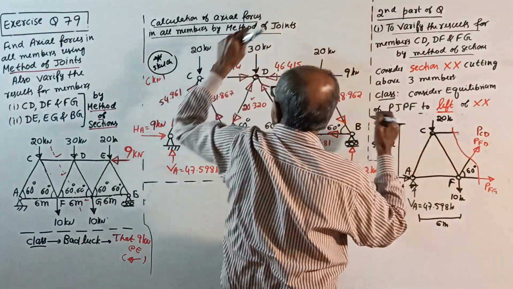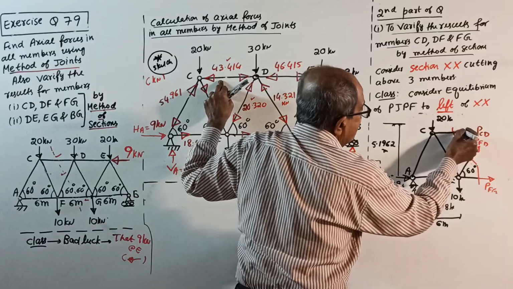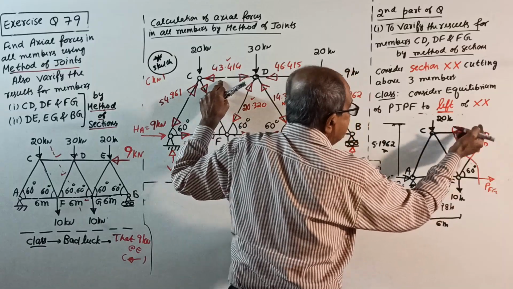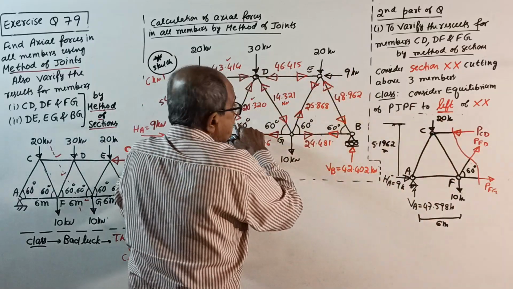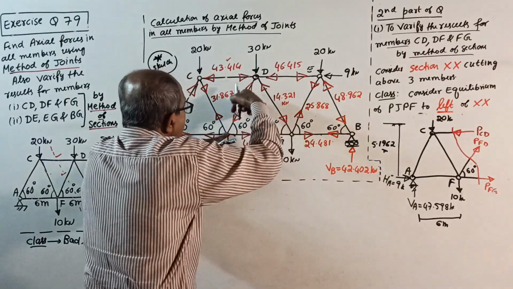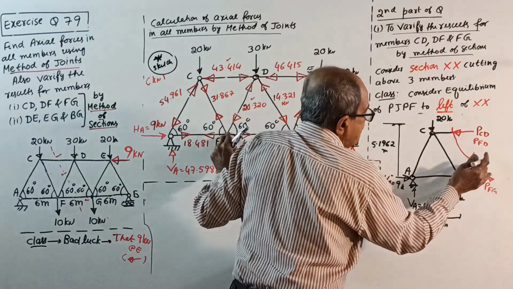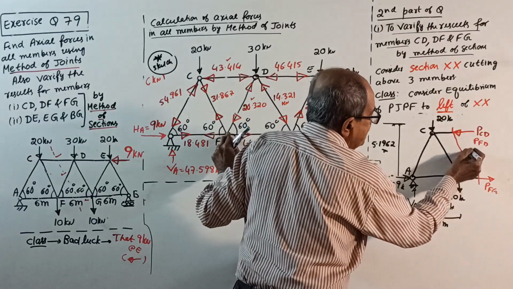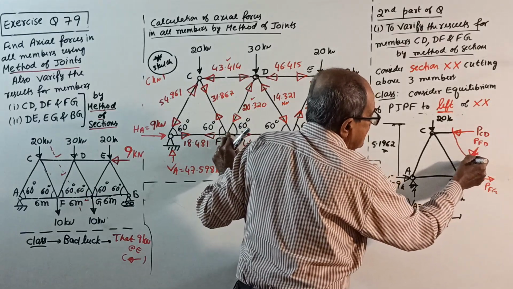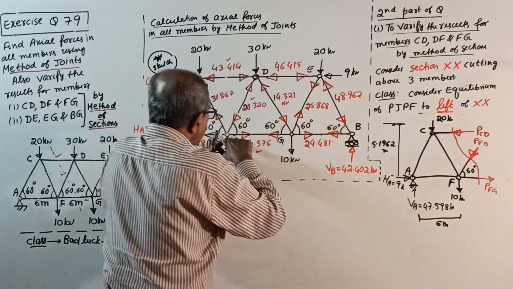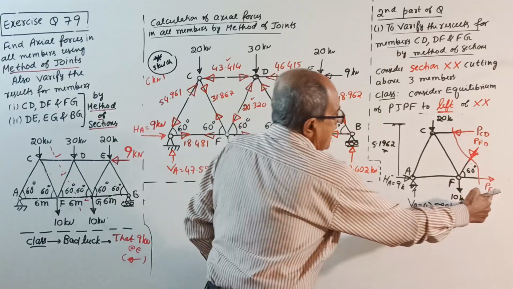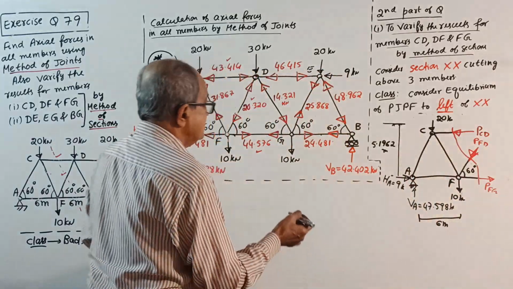Therefore, I will consider it like that only, in the same direction as we got here. You will tell her, I am considering this force coming to the joint, and this force is going away from the joint. Now start.